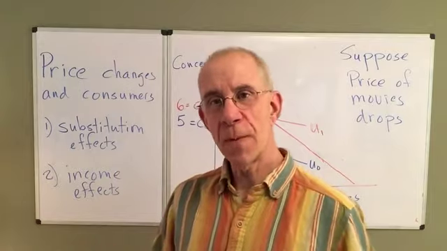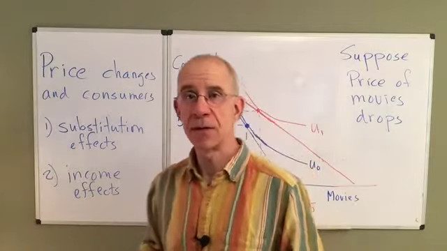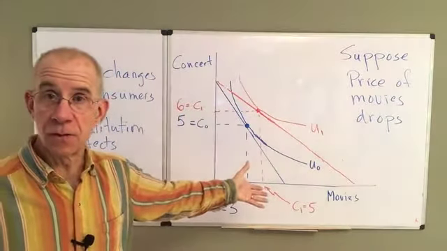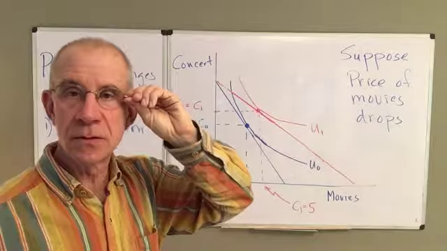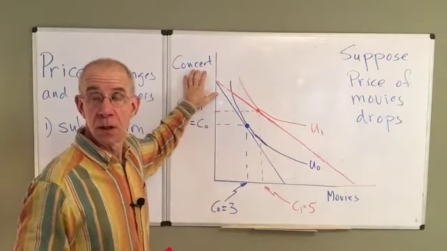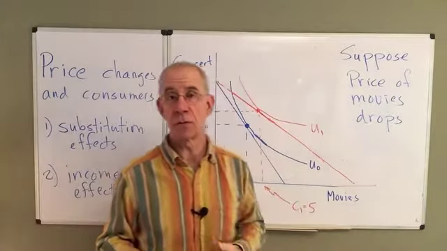So we're going to formalize these ideas of substitution and income effects using this set of indifference curves and budget constraints, looking at the choice between going to hear live music at a concert or going to a movie.